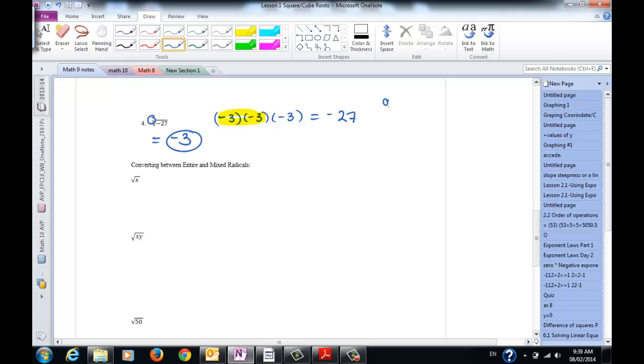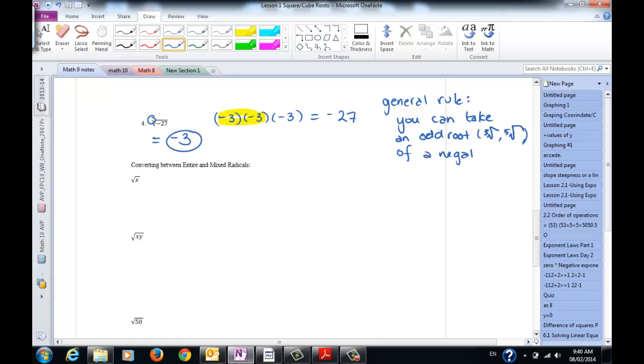As a general rule, you can take an odd root, so the cubed root, a fifth root, a seventh root, etc., of a negative number.